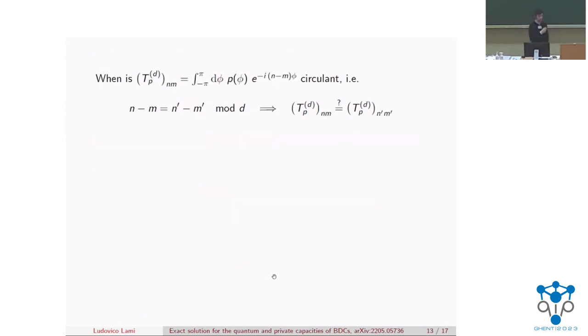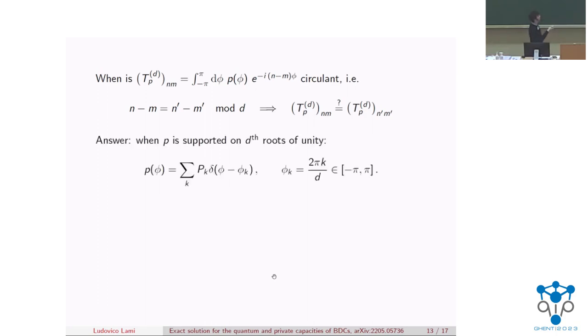But when is it the case that it is circulant? If you write down the conditions, you'll see immediately that this happens when the probability distribution P is supported on the roots of unity of order D. Then the D times D top left corner of the Toeplitz matrix becomes circulant. Again, not very surprising, the only reasonable thing that could have happened.